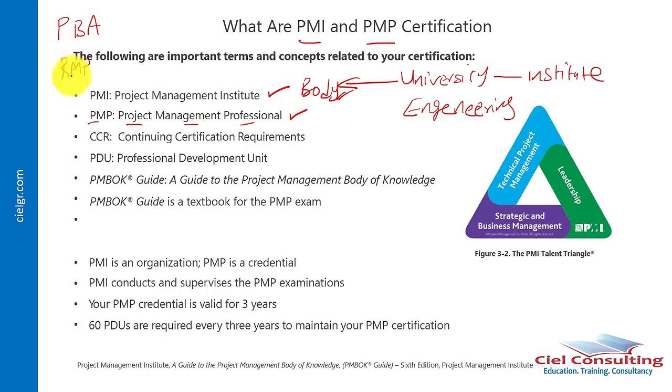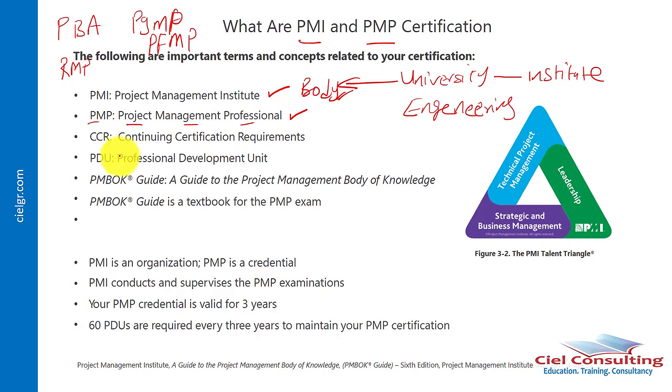And then of course we also have the PGMP, and that is what we refer to as the program management professional, as well as the PfMP, that is the portfolio management professional. So these are some of the courses that the PMI actually offers, other than the project management professional, which is arguably the most popular one that the PMI actually offers.